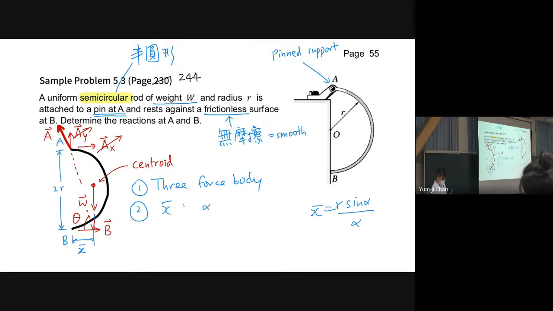Alpha is equal to the radian of 90 degrees, which is pi over 2.